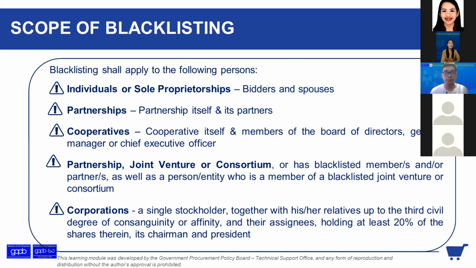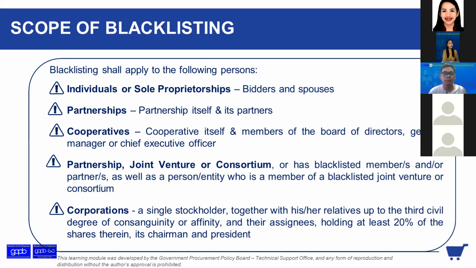For as long as the single stockholder has at least 20% controlling interest, that corporation is included in those that can be blacklisted, even another corporation. The corporation guilty of offenses or infractions which can be blacklisted, its directors and stockholders are also included. So that's the concept of who is covered by blacklisting.